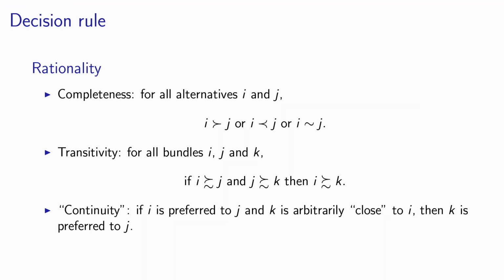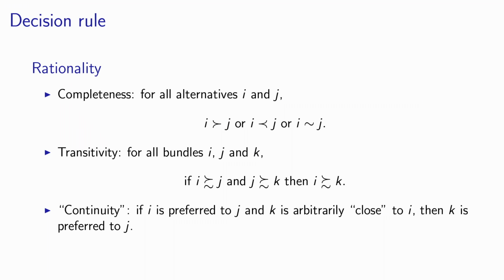The second assumption, which is probably the most questionable in practice, but we'll come back to this later on, is transitivity. For any three alternatives i, j, and k, if i is preferred to j and j is preferred to k, then automatically i will be preferred to k.